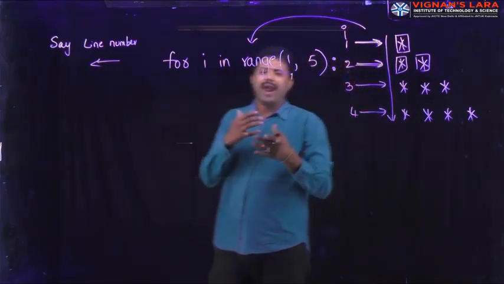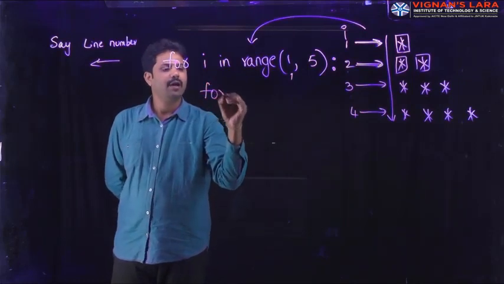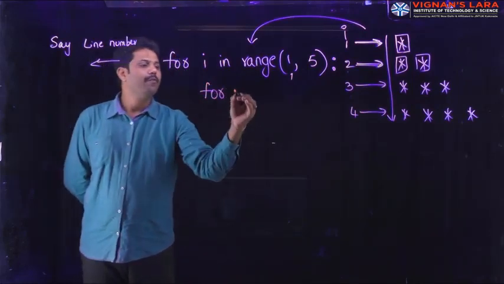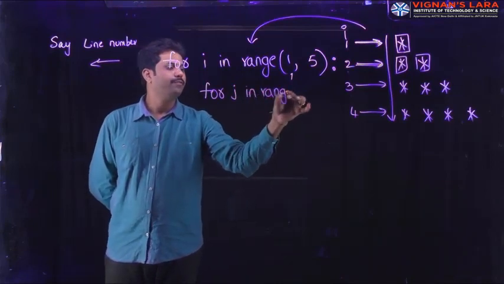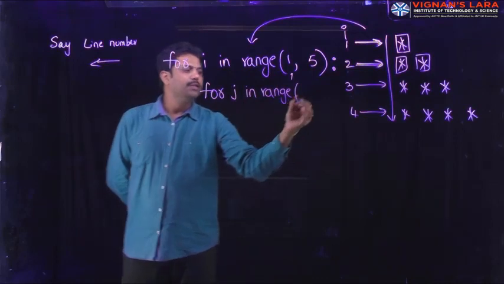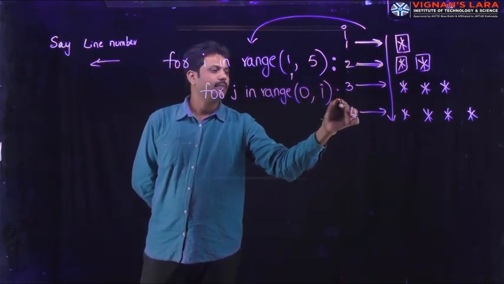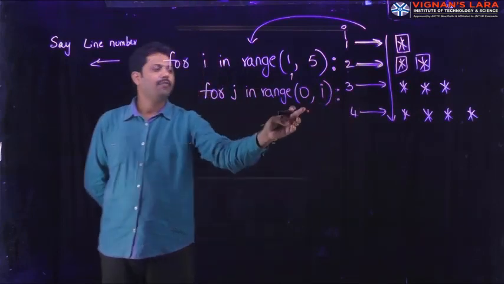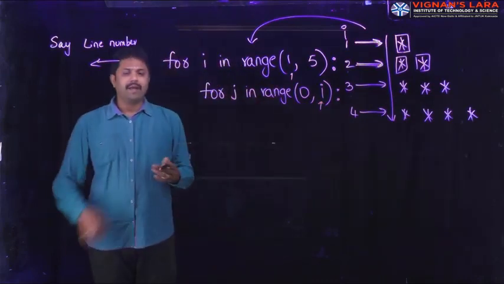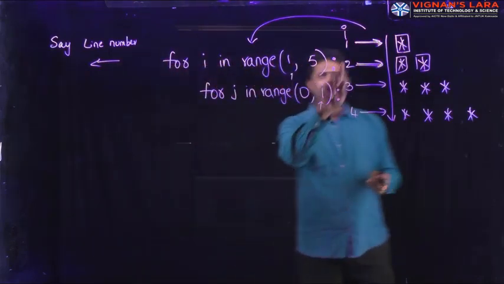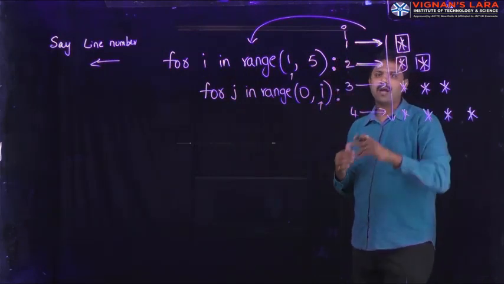Next, for I equals 1, what do you have to do? Let us see. I am taking another for loop for j in range of 0 comma I. For j in range of 0 comma I. Why I? For the first line, how many times do you have to print the star? 1 time.